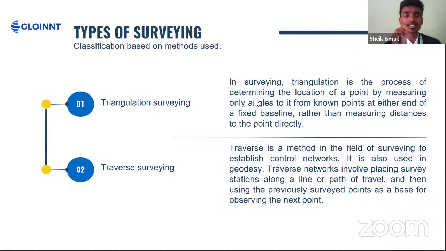For example, in triangulation surveying, the simple concept is you start dividing the given area into multiple triangles. So by using the Pythagoras theorem, if you have two angles and one side, or two sides and one angle, you can find out the distance from one place to another place, right?